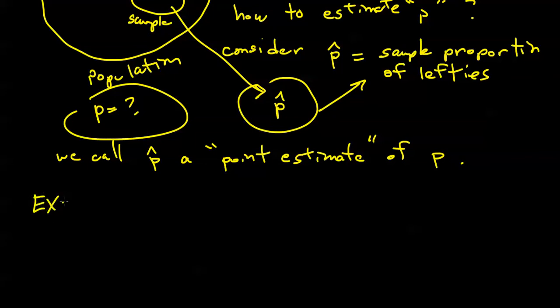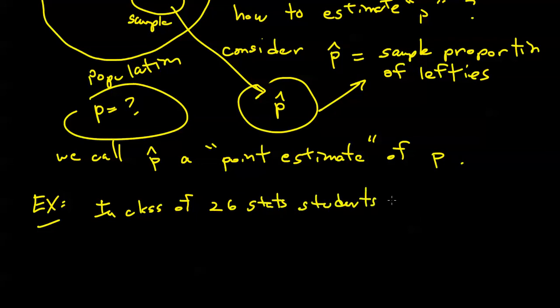I'll give you an example here. Let's say in a class of 26 statistics students, let's say there are 3 left-handed. I'll call them 3 lefties, if that's all right.